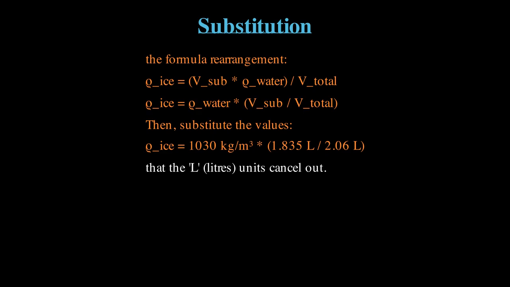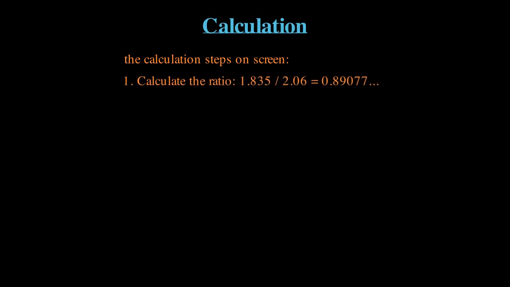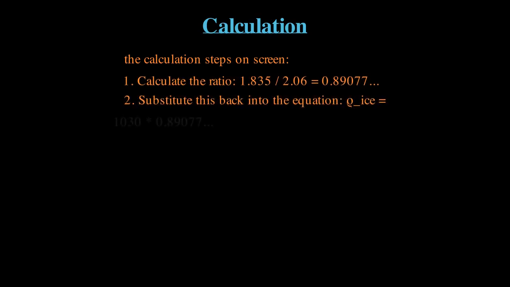An important point here is that since we are taking a ratio of two volumes, we don't need to convert them from liters to cubic meters, as the units will cancel out. Let's perform the calculation. First, we'll calculate the ratio of the volumes. We divide 1.835 by 2.06. This gives us approximately 0.89077.